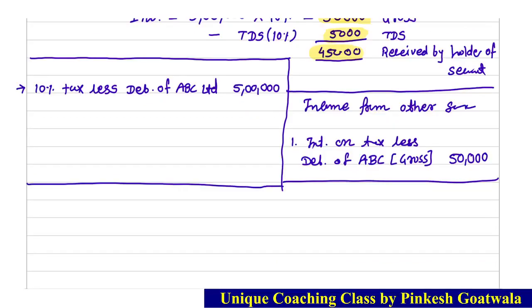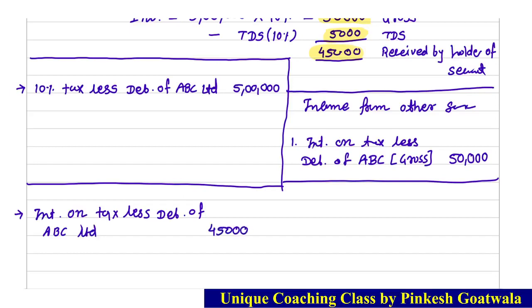Or maybe in the second situation, this type of information is given: 10% tax less, interest on tax less debenture of ABC Limited 45,000.